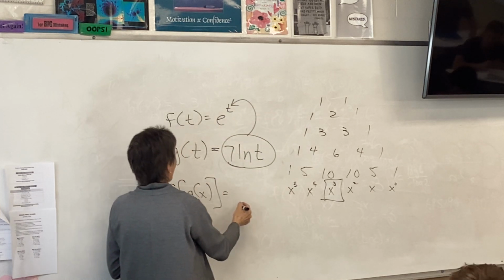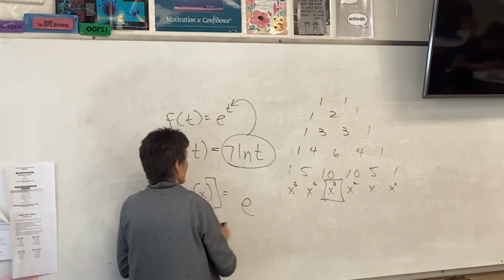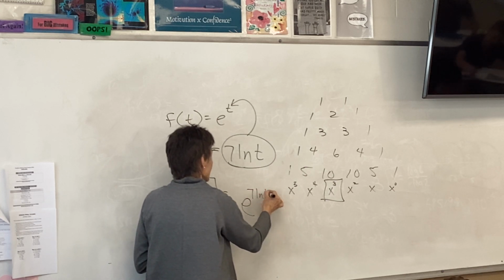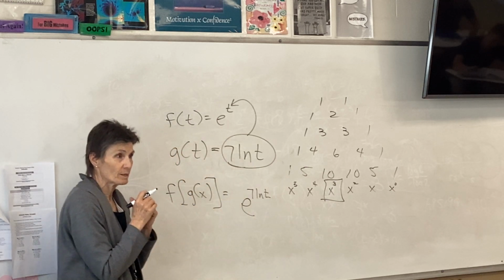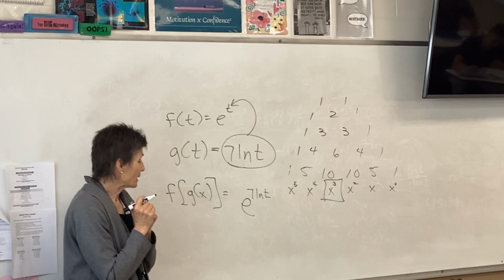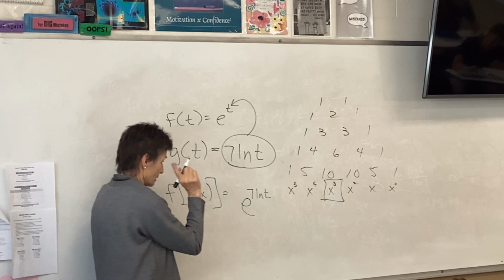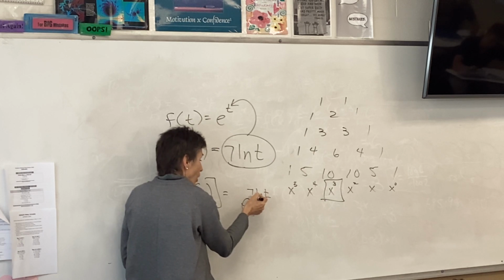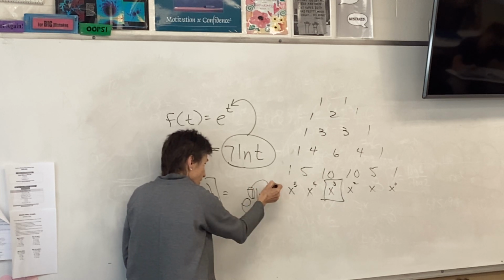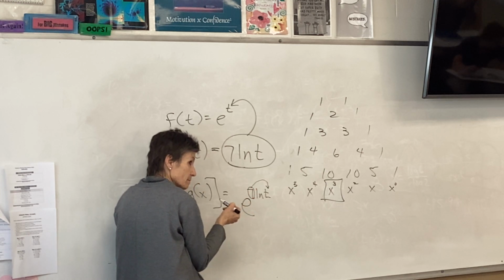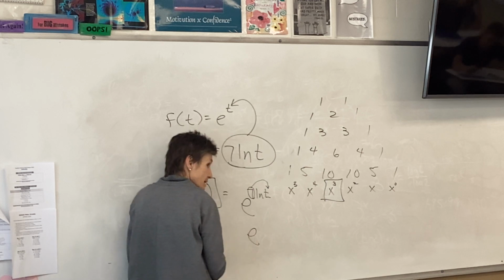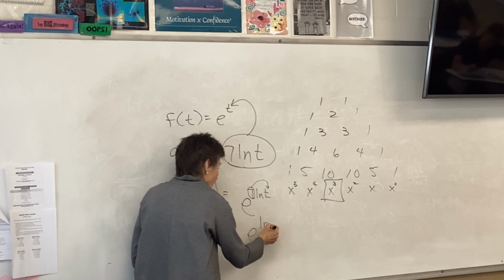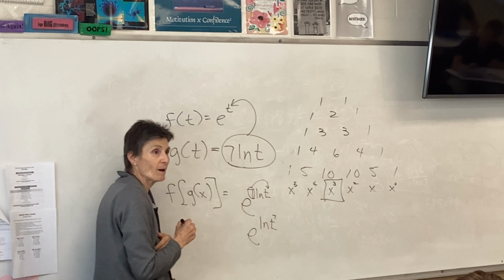So we will have e to the 7 ln t power. Would you agree with that? Now we gotta clean it up. Talked about this already. What does a number out in front of the logarithm, like that 7 right there, what does that mean? That is an exponent. So this is e to the ln t to the 7th power.